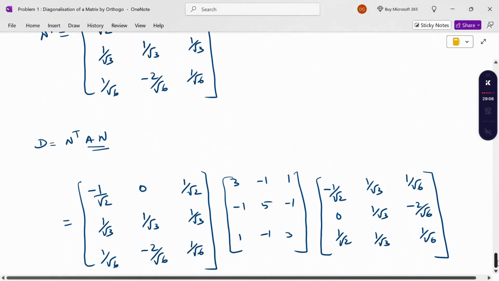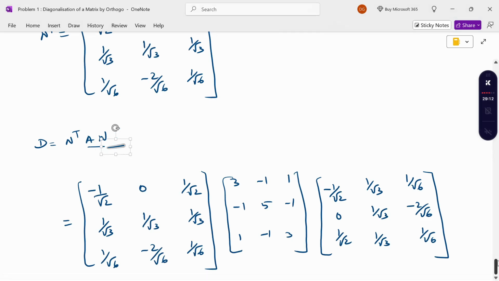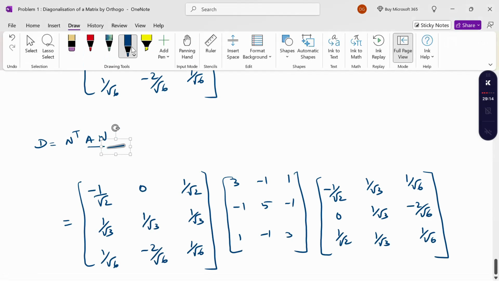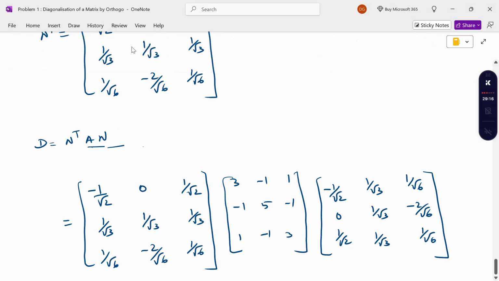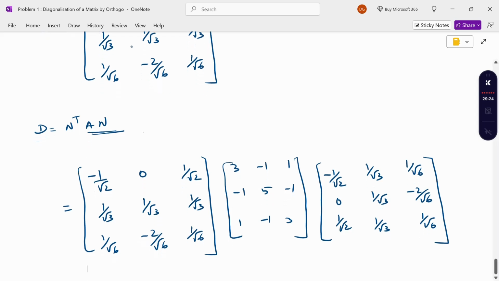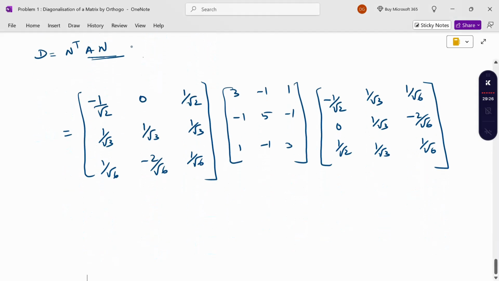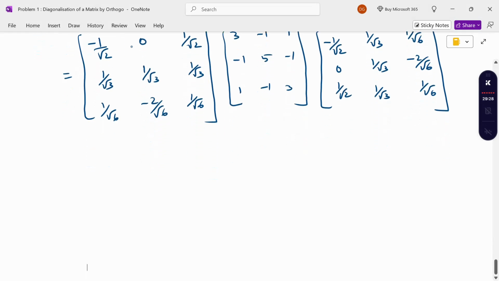First you multiply this A N, and then after getting the answer, you multiply with N transpose, or directly use the calculator. This calculation, the 3 matrix multiplication, how to do it, I have already updated one video.